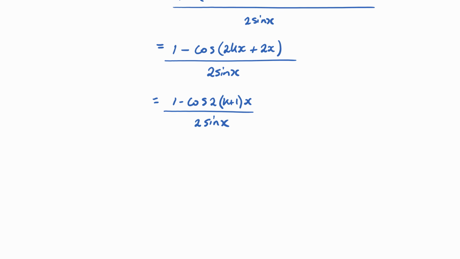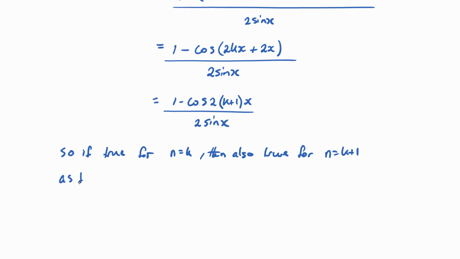So to finish this off, if true for n equals k, then also true for n equals k plus 1, and also true for n equals 1, then it must be true for all values of n, for all values of n being the positive integers. Okay, that's the answer.